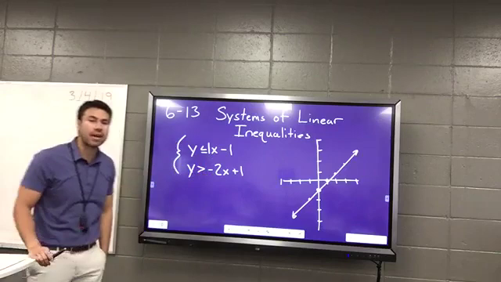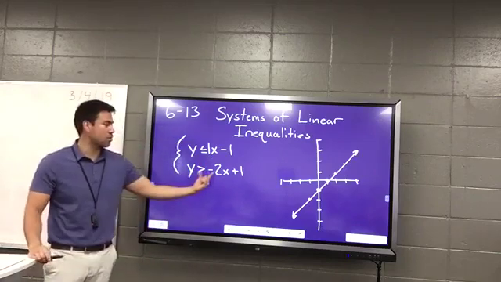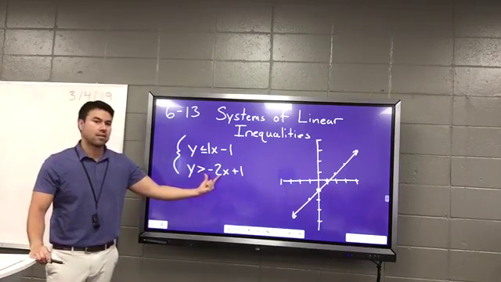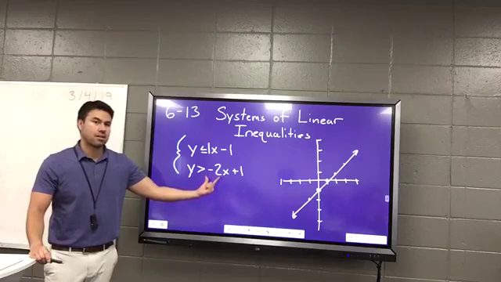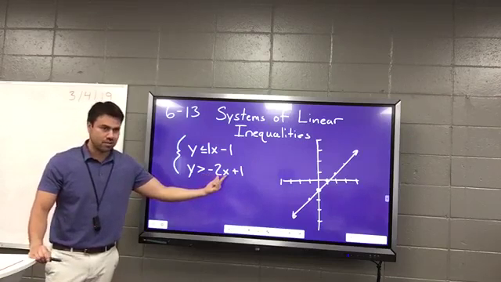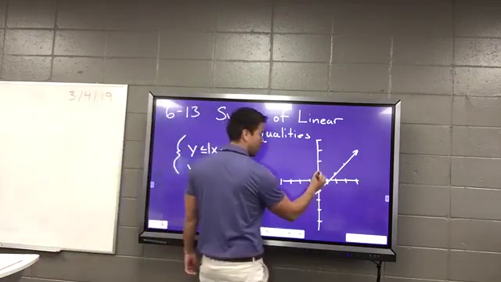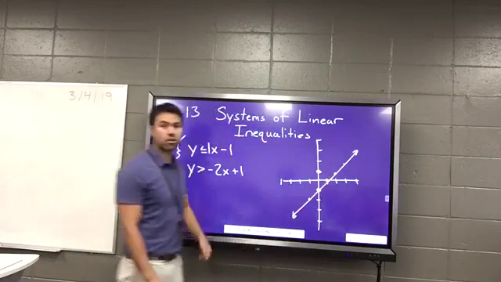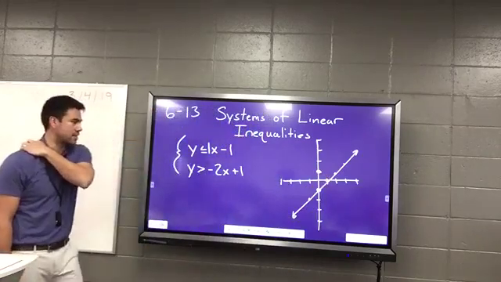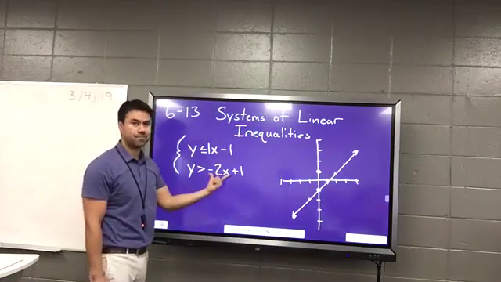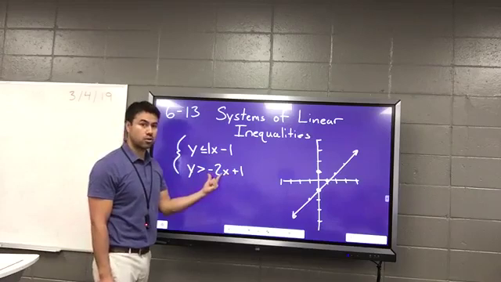Where would you start that one, Lana? Where would you start this graph? So where's your y-intercept? Yeah, it's just plus 1. So you start right here on the y-axis. And what's your slope, Jackson, on that second line? Negative 2.